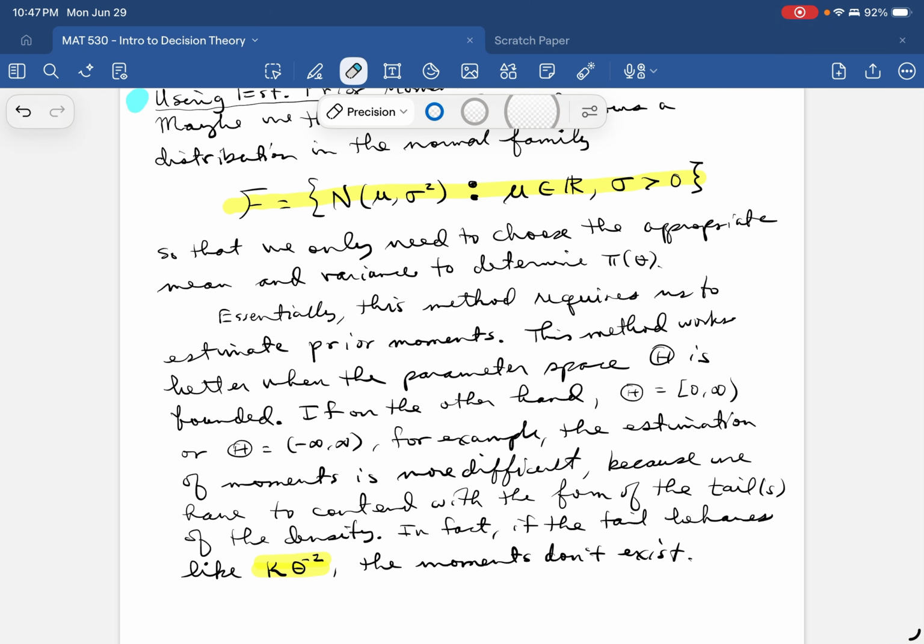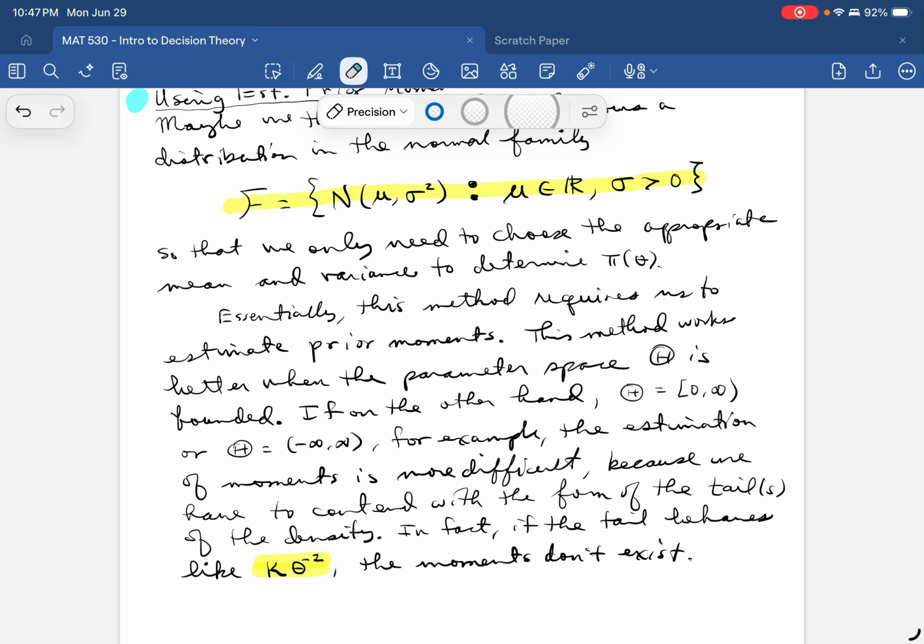For example, the normal distributions have lighter tails than the t-distributions do. And if the form of the tail is on the order of some constant times theta to the negative 2, then the moments don't exist. So that is one thing that we do have to consider when we're dealing with this.